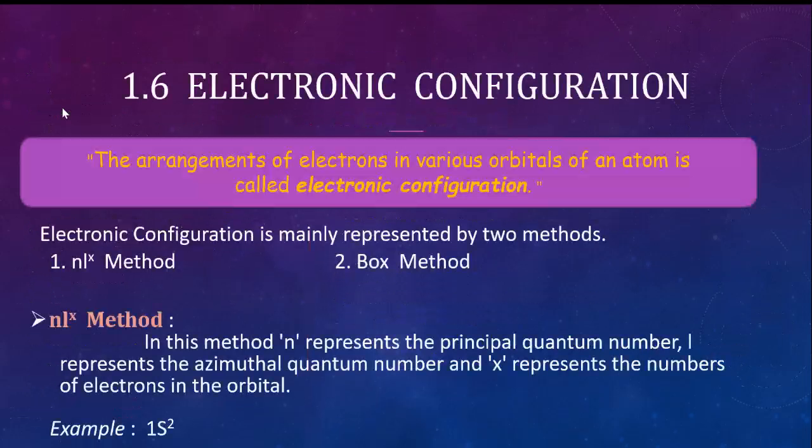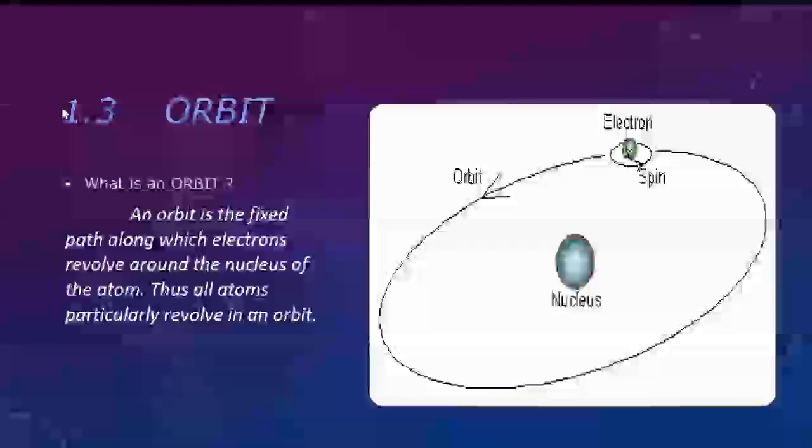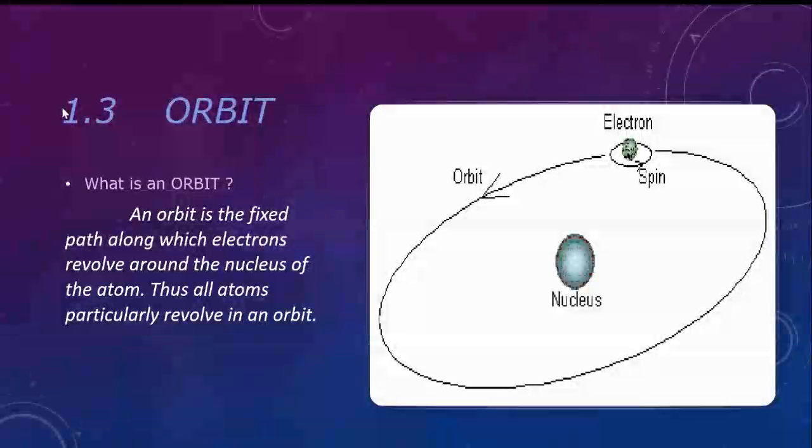All these topics we have covered in the last video. So from here we will start. Orbit. What is an orbit? An orbit is the fixed path along which electrons revolve around the nucleus of the atom. According to Niels Bohr, around the nucleus there are concentric rings in which the electrons are revolving.